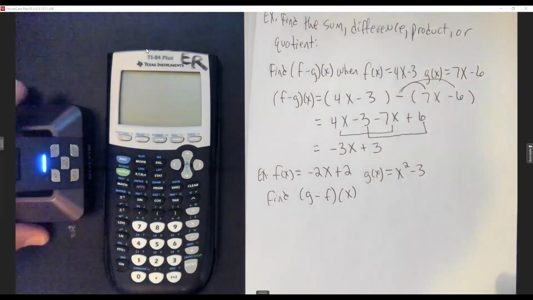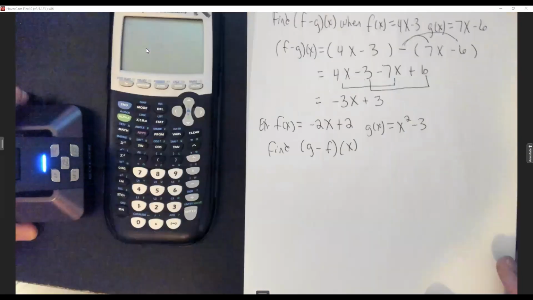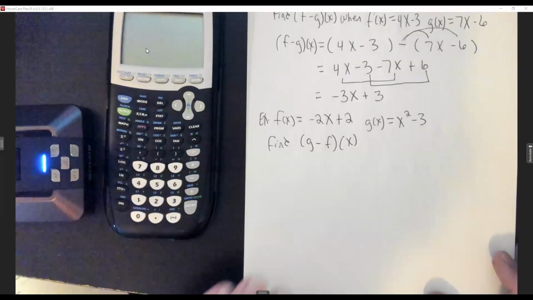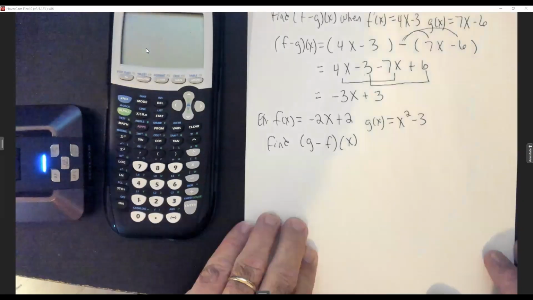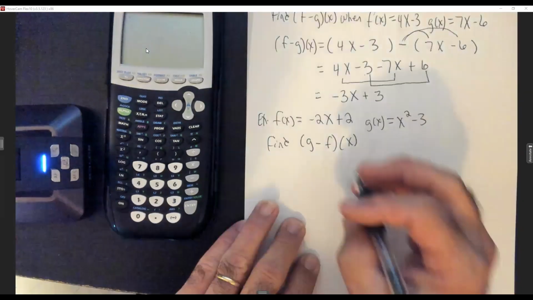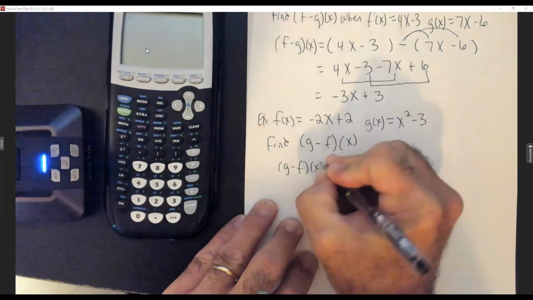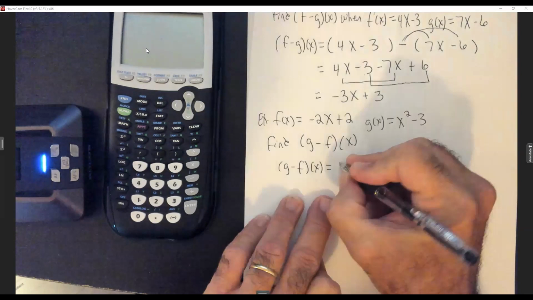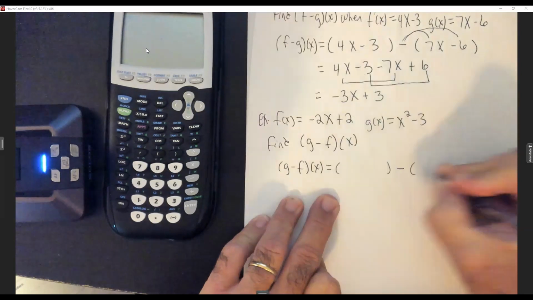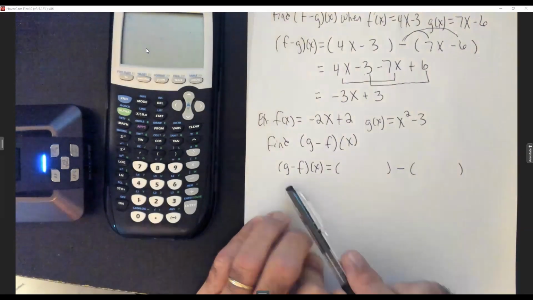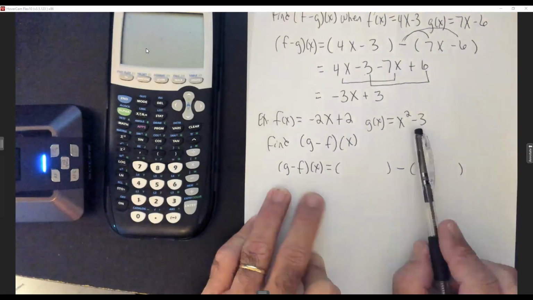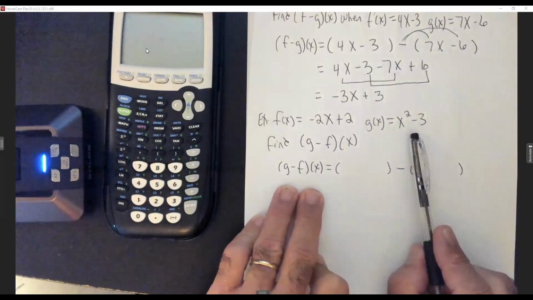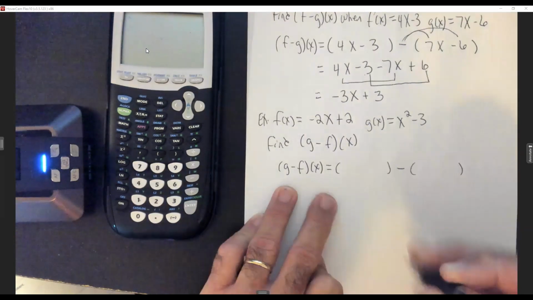All right, so let me pull that down a little. G minus F of X. Now notice it's going to equal the G minus the F. They gave me the G first, so they're trying to throw a little curveball at us. So for the G, we'll bring down the X squared minus 3.